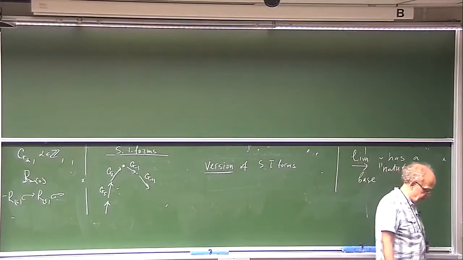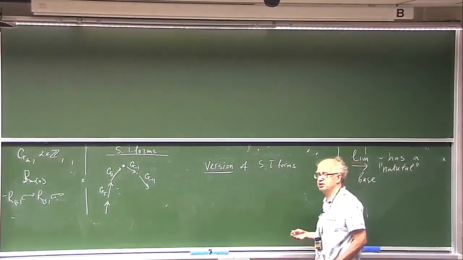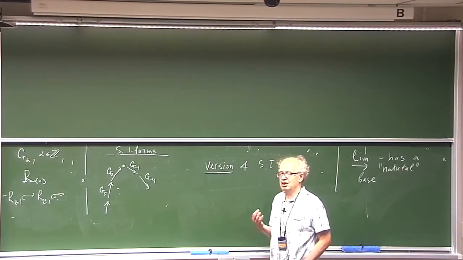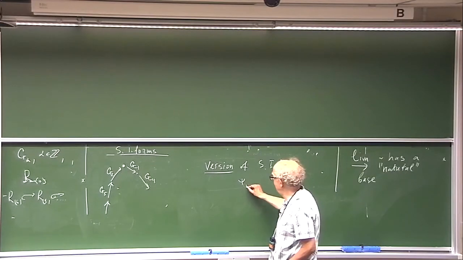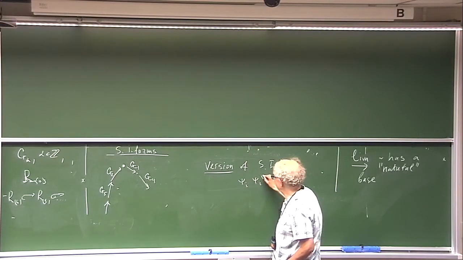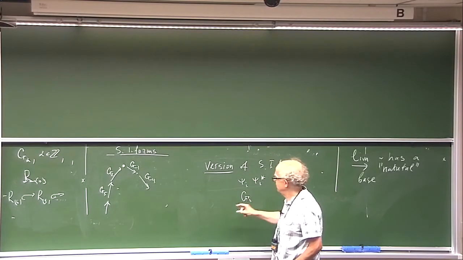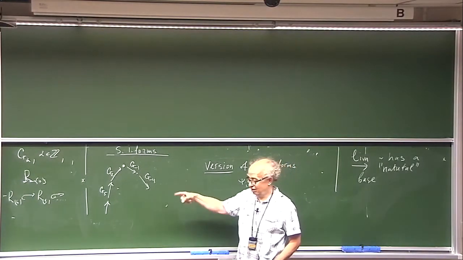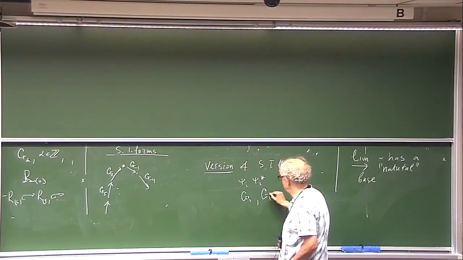And then you can ask what algebra is acting on this space. Before we had psi I and psi I star. Now we have GI, because we can take the product with GI. But what can this be?